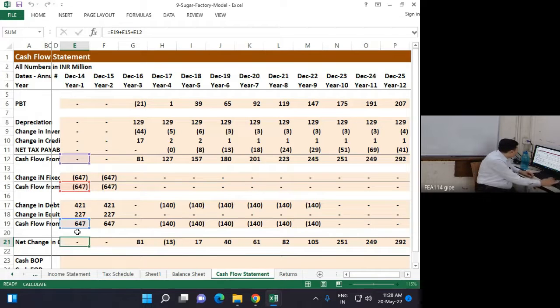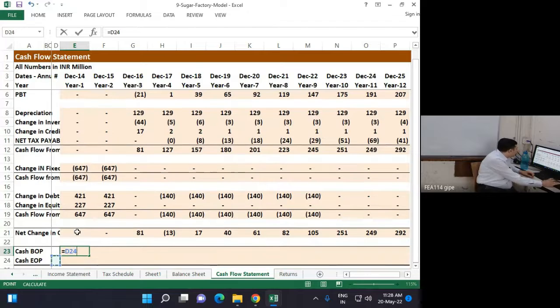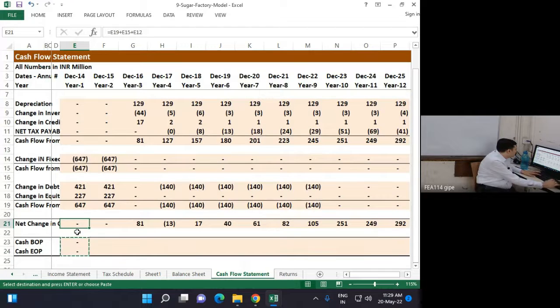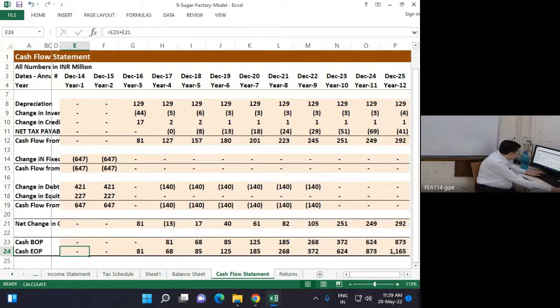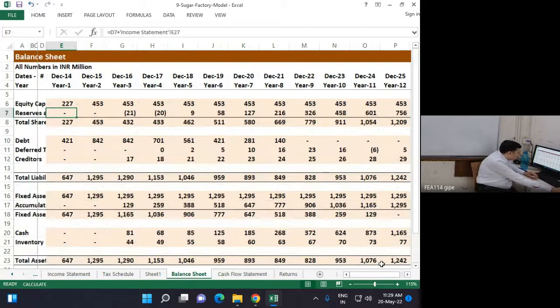Correct. And therefore the balance sheet must balance. Opening is same as previous closing and closing is opening plus adding. The last cash is coming out to 1165, and if you go back to the balance sheet it will balance.